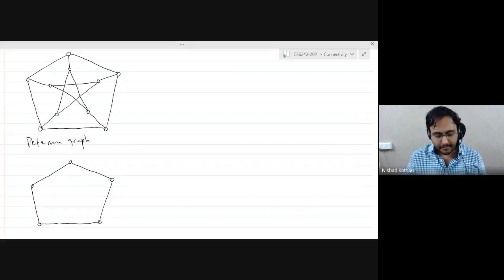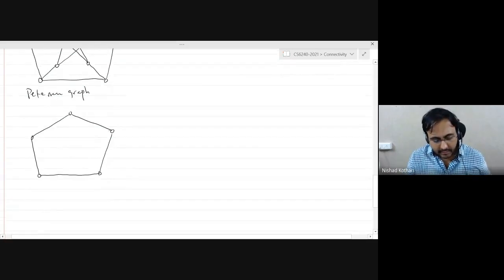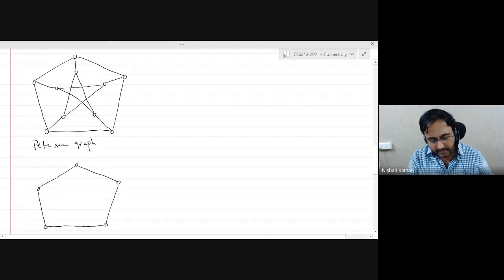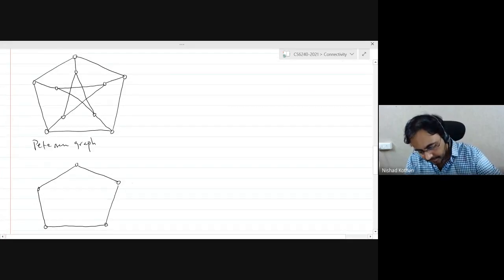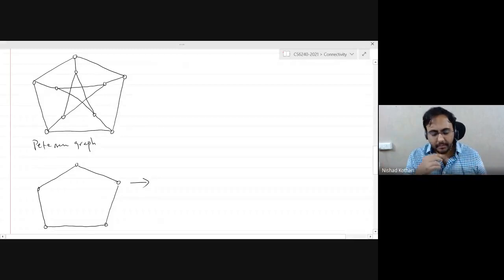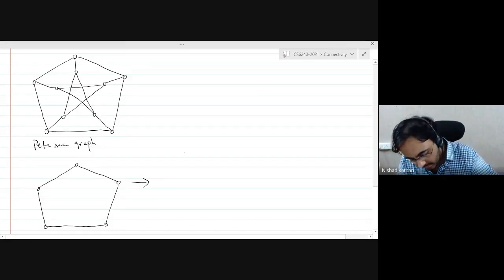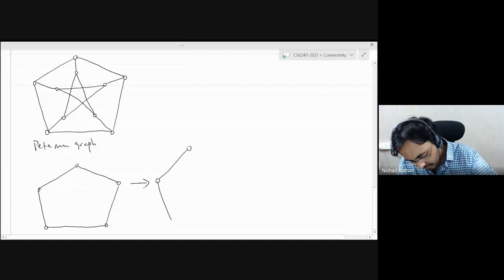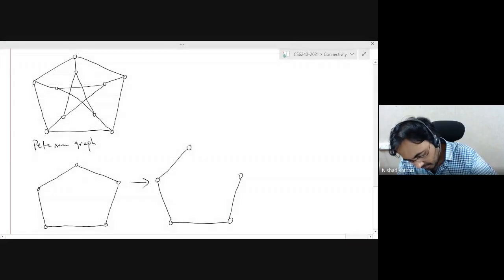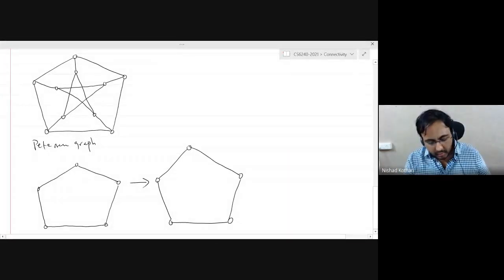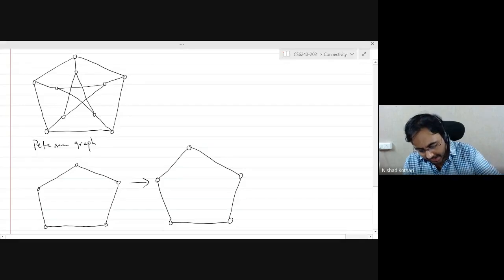So what we'll do is we will construct the Petersen graph from this cycle in steps. Okay? And at each step, we will ensure that we have a non-separable graph. Okay? So let's just do that. So what I will first do is I will add this path.